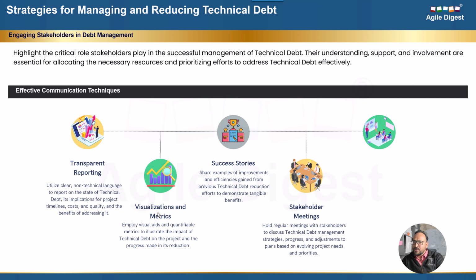And educational sessions. Organize sessions to educate stakeholders on the concept of technical debt, its causes and the long-term benefits of its reduction, fostering a shared understanding and commitment, and also mention how you need their support, how you need their collaboration.